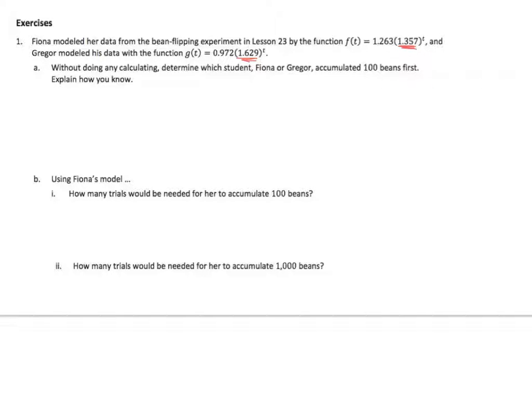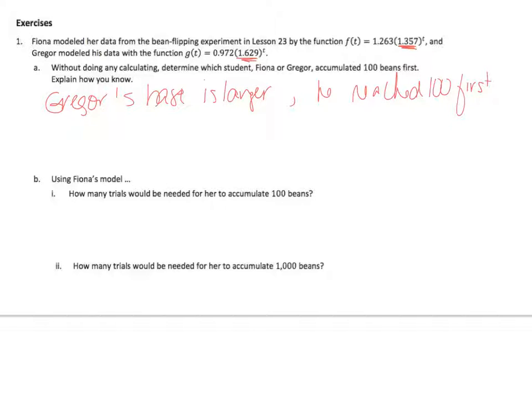Since the base of Gregor's model is larger, he reached 100 first. Gregor's model is going to grow faster than Fiona's, and he's going to accumulate 100 buttons before Fiona does.